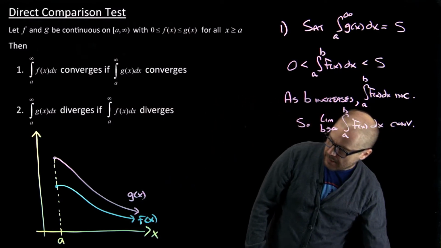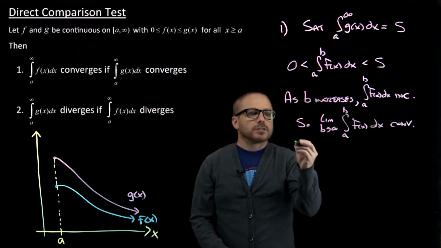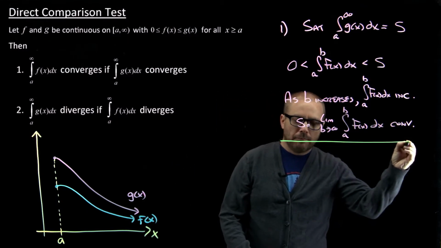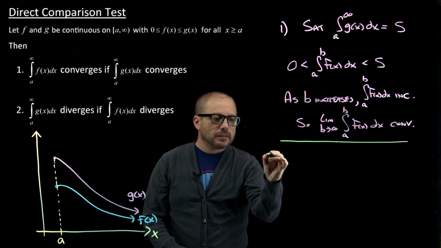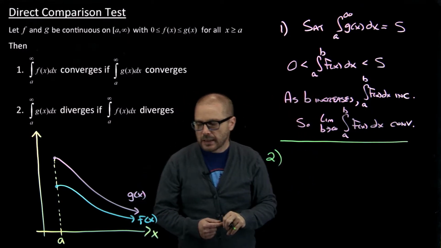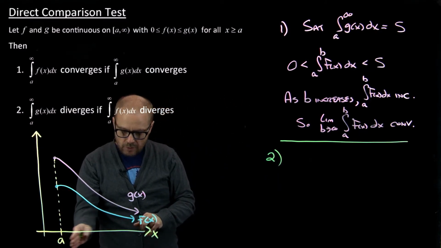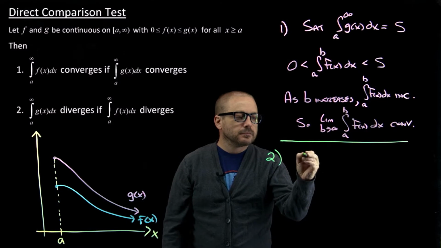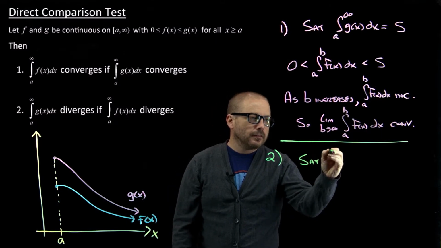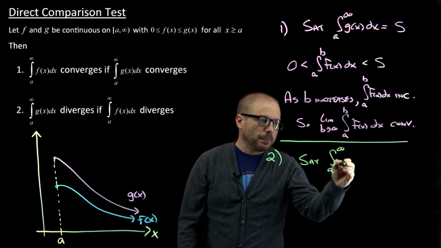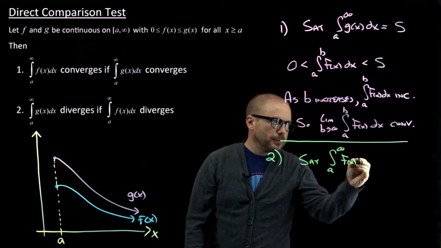Okay. What about the reverse? Let's say we're looking at number 2 there. Now let's start with f. Say we know that the integral from a to infinity of f diverges.